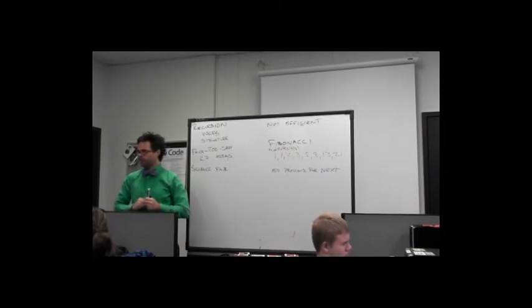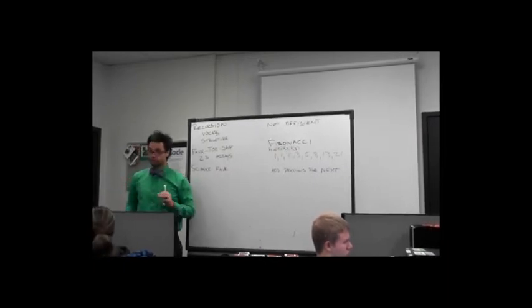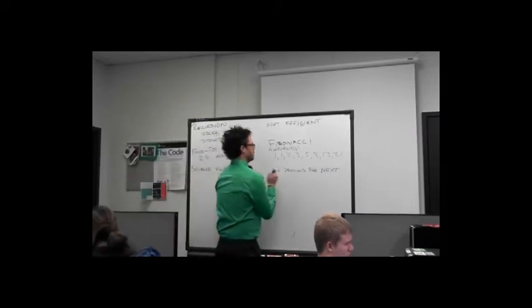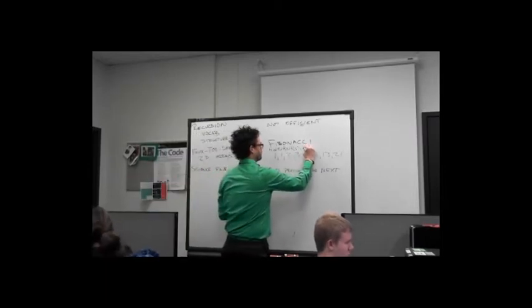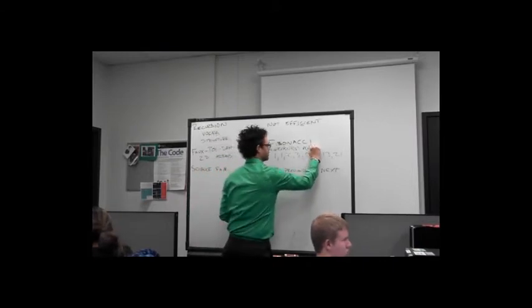We've seen this before. F of x. F of 0 is 1, f of 1 is 1. F of 2 is 2. F of 3 is 3. But f of 4 is 5. F of 5 is 8.